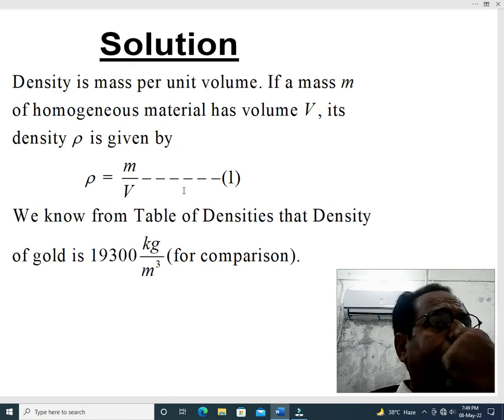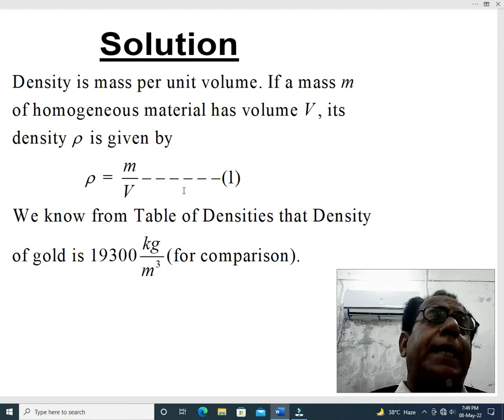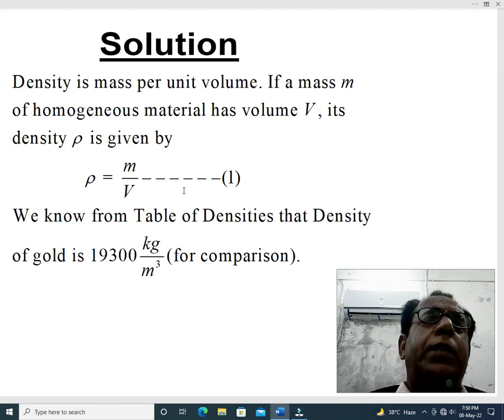We know from table of densities the density of gold is 19,300 kilogram per meter cube. For comparison, because we are going to calculate the density of given piece, and if that density becomes equal to or very close to this density, then we are not cheated and matter is quite okay.